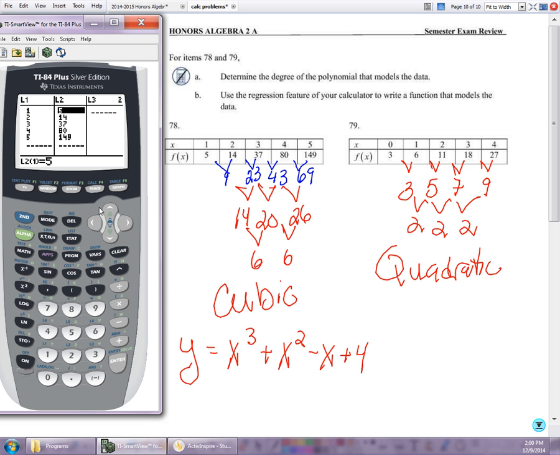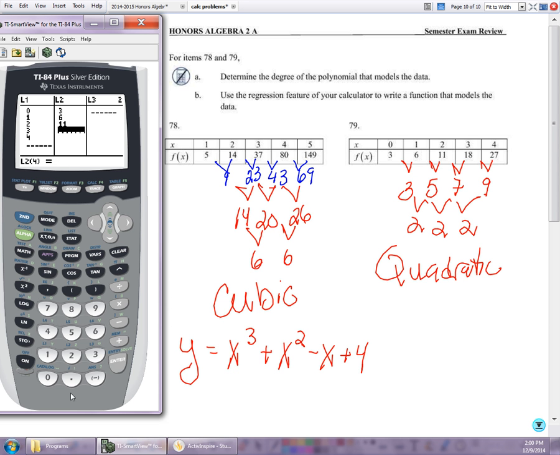We have to type in all our values. I'm going to clear these lists. Uh-oh. You have to make sure you type everything correctly.